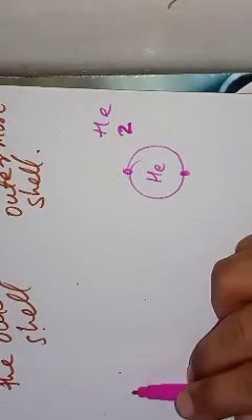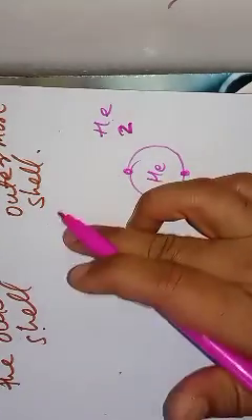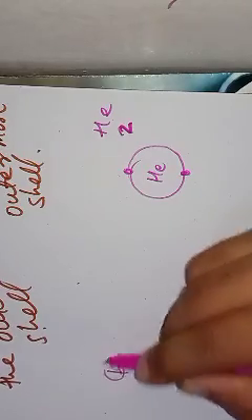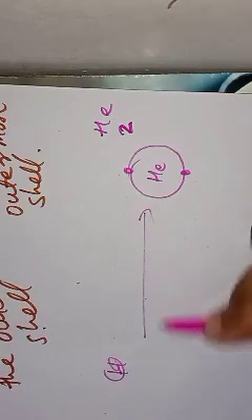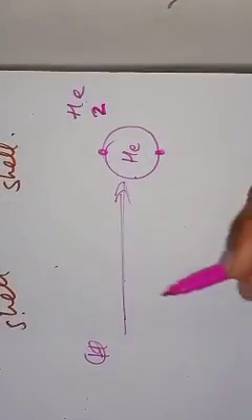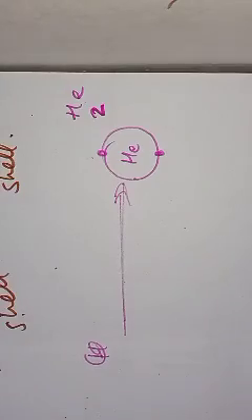So this is what duplet means. If an atom achieves only 2 electrons in its shell, either by losing or gaining electrons, it will copy helium, it will have the duplet electronic configuration, and that is why it will become stable.